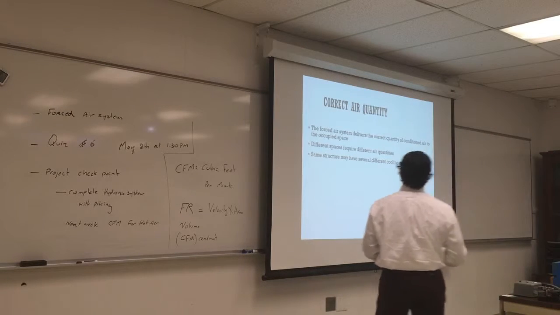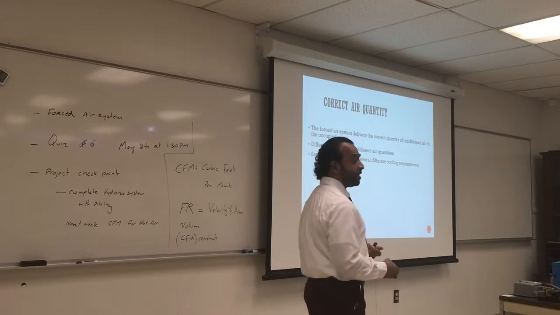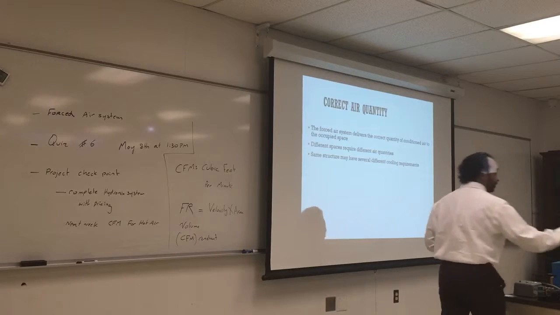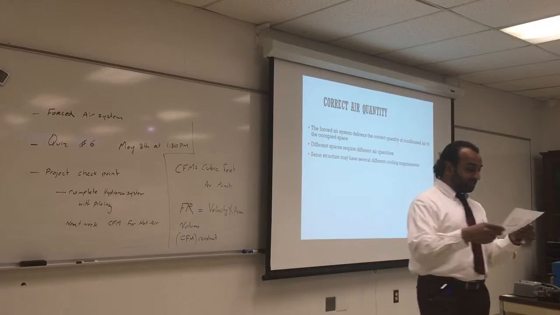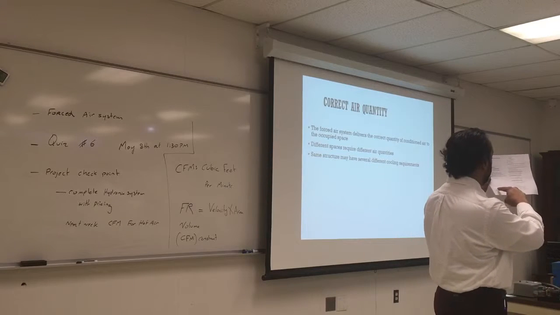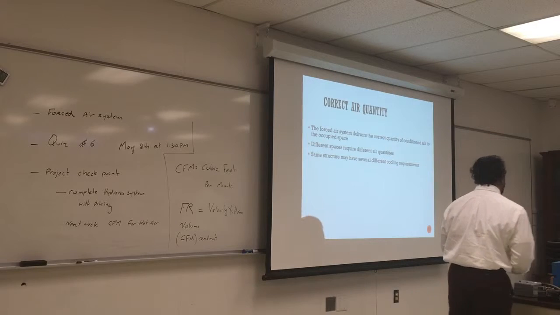So we need the right quantity of air. Different spaces require different air quantities based on the BTU. If you look at the calculation sheet and the radiator selection, the equation here says CFM equals BTU over 1.08 times delta T. I will write that down.